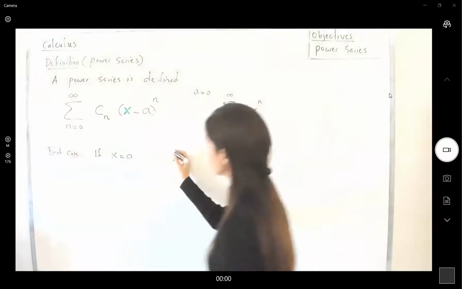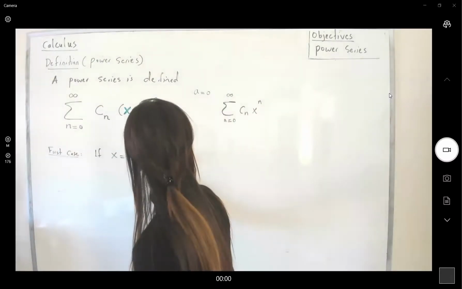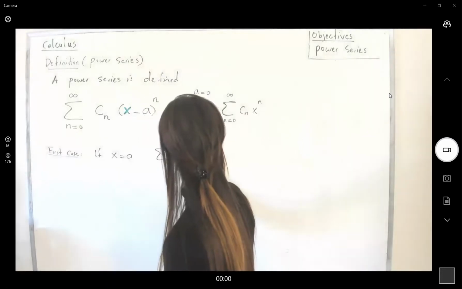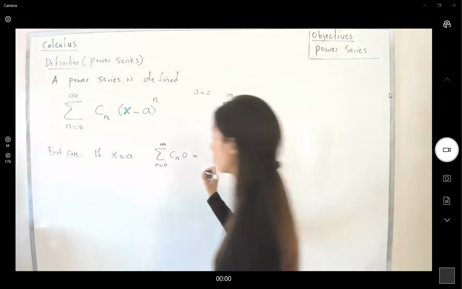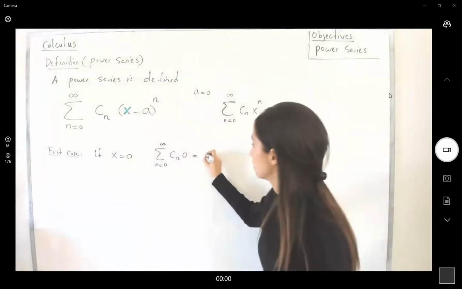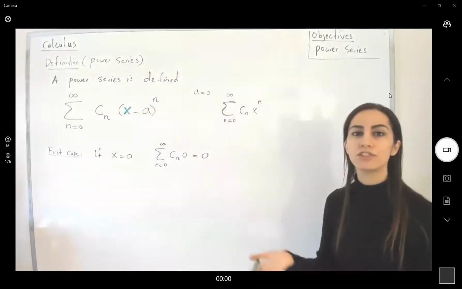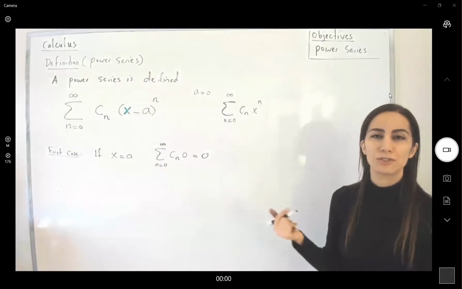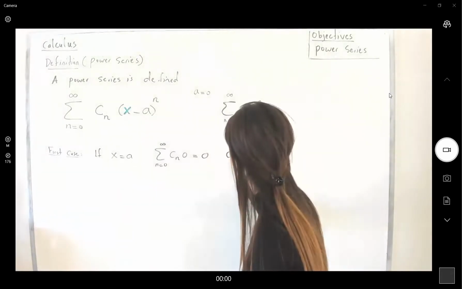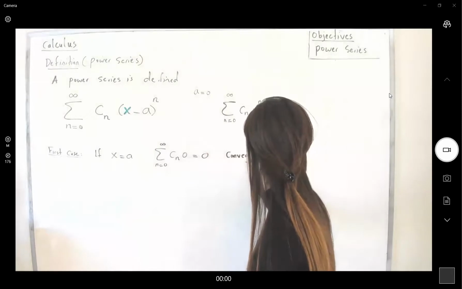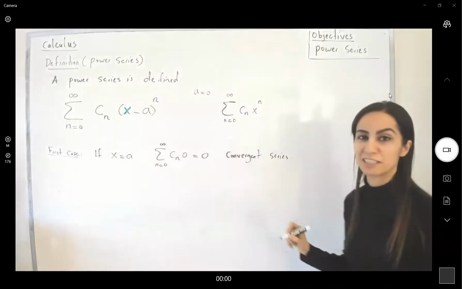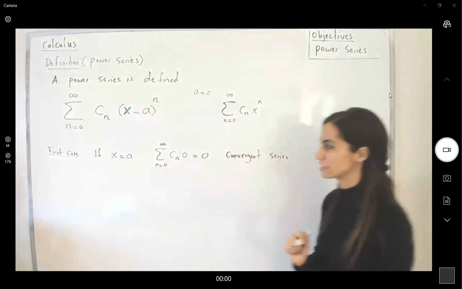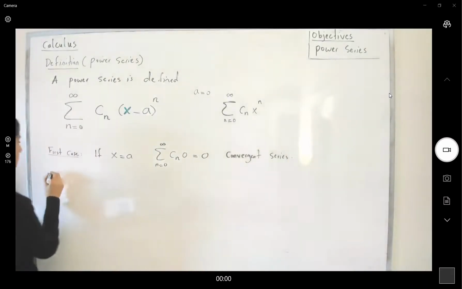So you're going to get the sum of c sub n times 0, which is equal to just 0. It means that you have a convergent series, it converges to 0. It's a very trivial case. We're not interested in trivial cases. Second case.